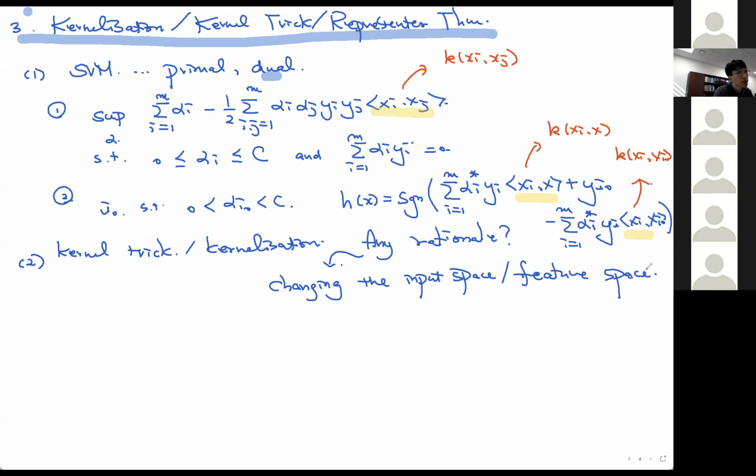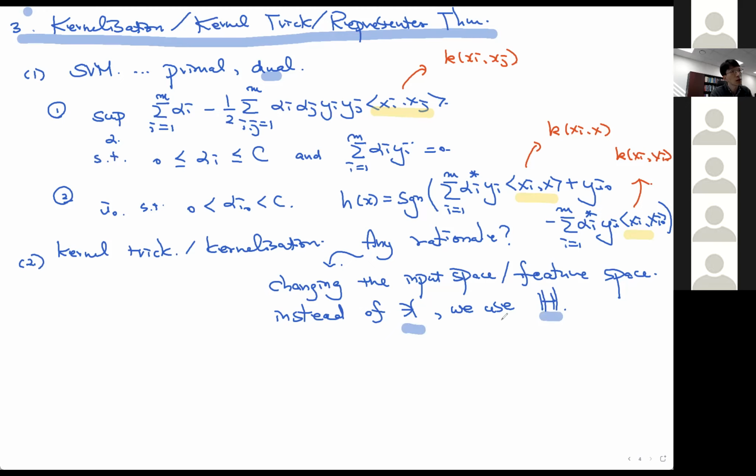So instead of designing an algorithm on the original input space X, or original feature space X, we are using the reproducing kernel Hilbert space, which is typically a much richer space than the input space X. So in some sense, if you do this kernel trick, we are essentially doing the same thing as what we learned for the support vector machine, but the only change is that instead of using the original input space X, we are really using a much richer space, which is called the reproducing kernel Hilbert space.